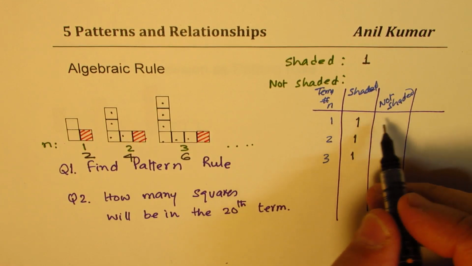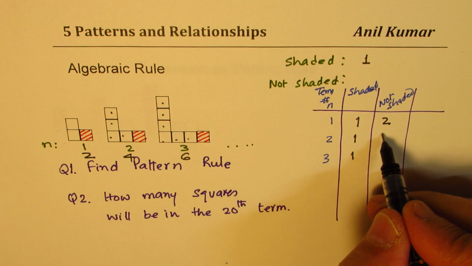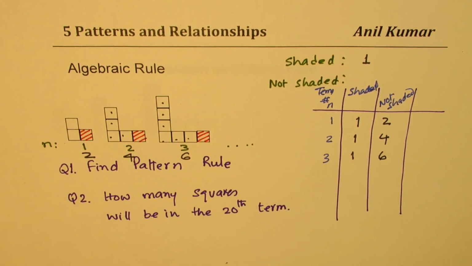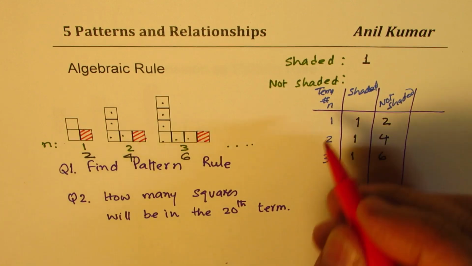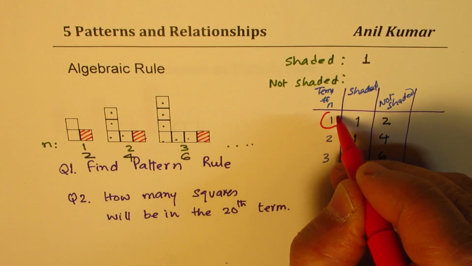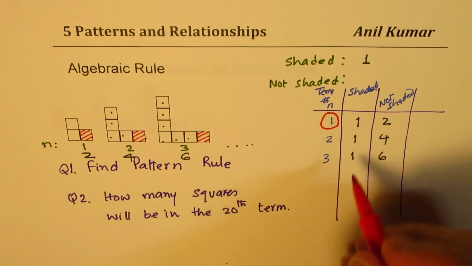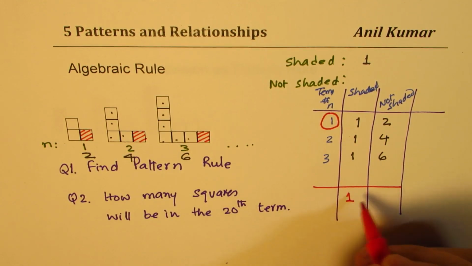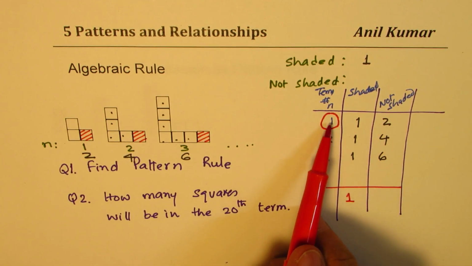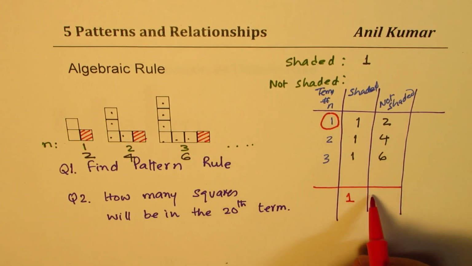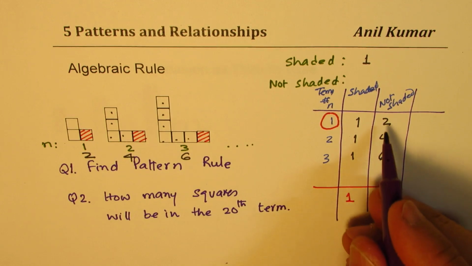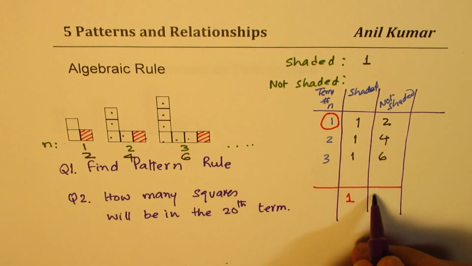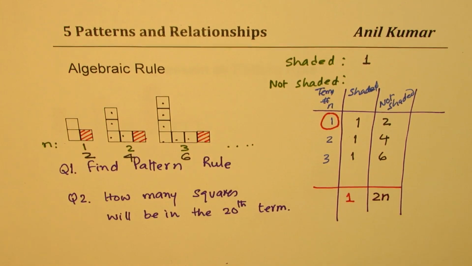And in not shaded, in the first case there are 2, in the second case there are 4, in the third case there are 6. So, are they related with the first one? I think they are. So this number here is always 1. And this number here is 2 times n, right? This number is twice the term number. 2 times 2 is 4, 2 times 3 is 6. So this is 2 times n.